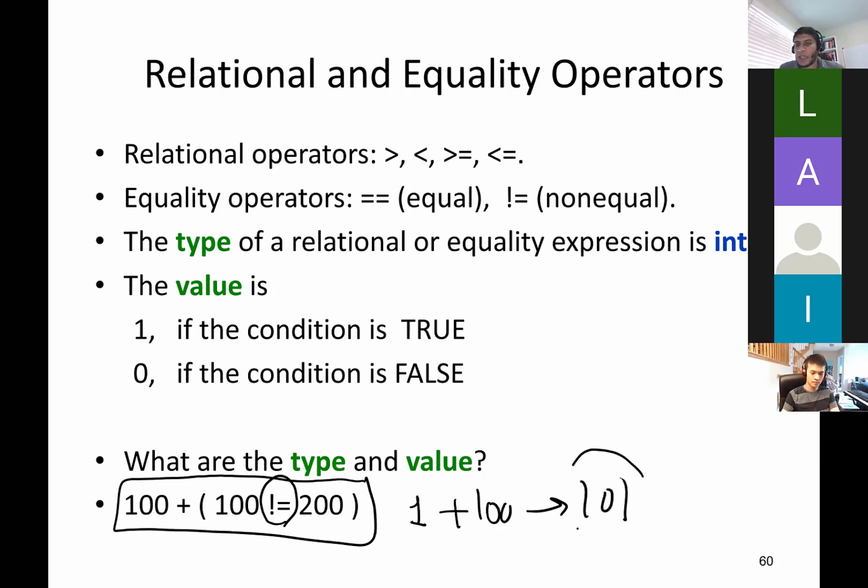So this might be counterintuitive, how this gives you 101, but this is how C operates. The intuition behind this is that these relational operators evaluate to either 1 or 0 based on whether they are true or false. If they are true, they evaluate to 1. And 1 is an int value, right?